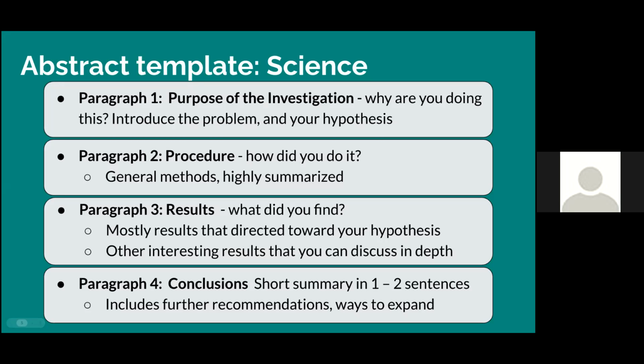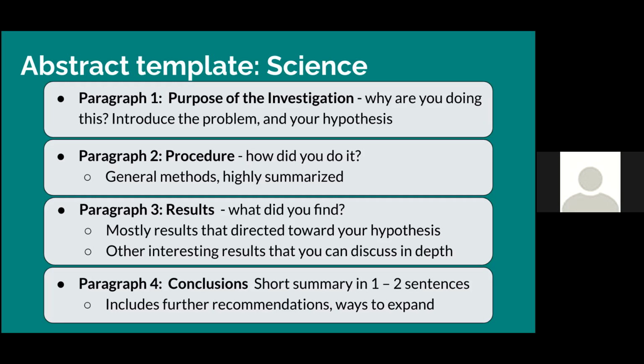So one template that you can use is something that we have right here. So paragraph 1 would be the purpose of the investigation, or why you're doing the experiment. You'll want to introduce the problem and your hypothesis in this section. In paragraph 2, you will summarize the procedure. It includes general methods, and it's very watered down.